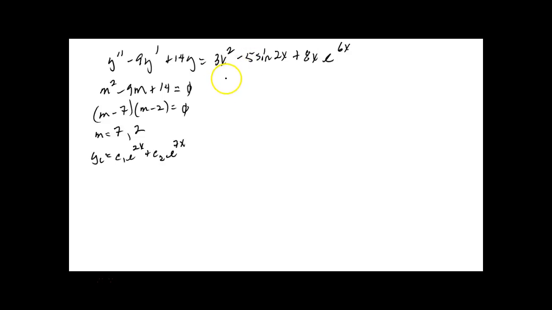Let's call this g1 of x plus g2 of x plus g3 of x. And for g1, the yp1 is ax squared plus bx plus c. There's your yp1. Done.